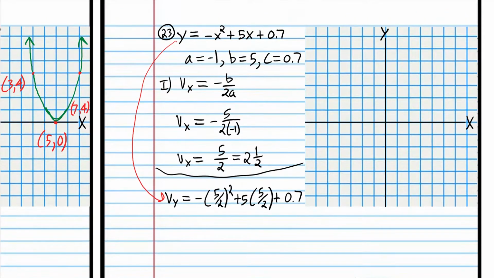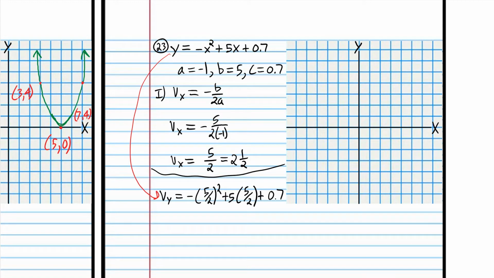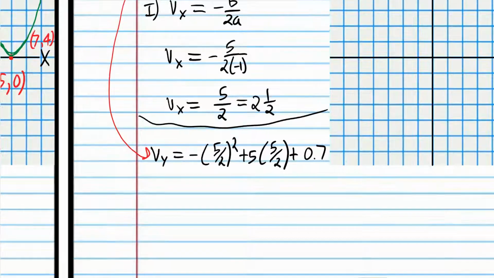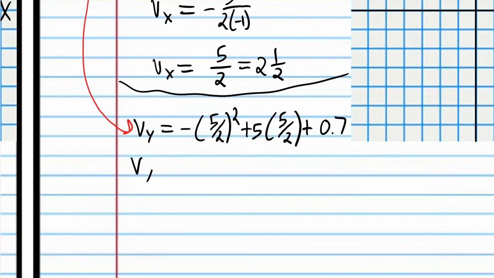Okay, so we plugged in 5/2, and let's just simplify that. So 5/2 squared is 25 over 4, and we get 25 over 2 plus 0.7.